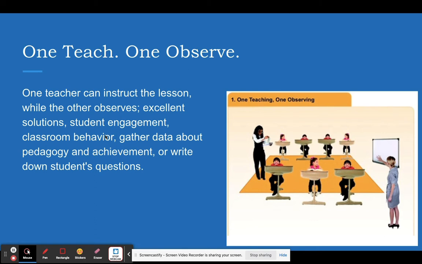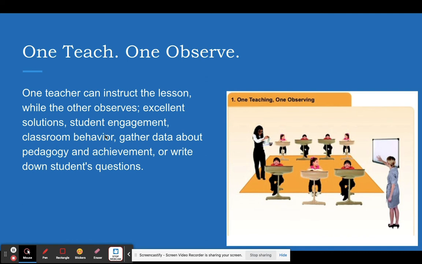Maybe the other teacher is gathering data about the students. Those students knew that work really well before we even started. We wasted time there. Maybe they're looking at the pedagogy or how much students are engaged. This group over here, they weren't engaged. There was no leaning in when they were working as a group. Or maybe they're just writing down students' questions, to lead the discussion later on.